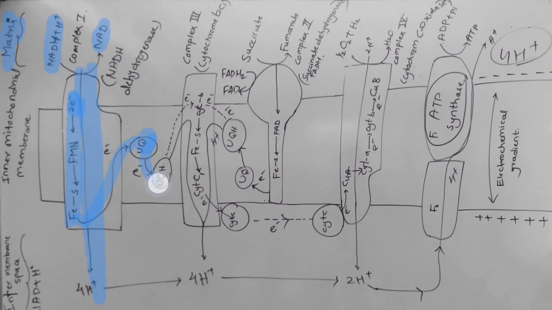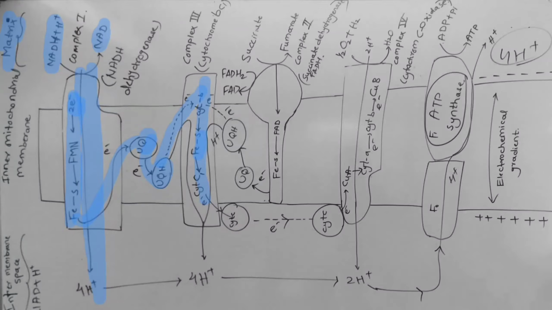Then they enter the reduced form of ubiquinone, called ubiquinol. Please remember, UQ is ubiquinone and UQH is ubiquinol. After this ubiquinol, these electrons go to cytochrome B, and from cytochrome B to FeS, then cytochrome C1.